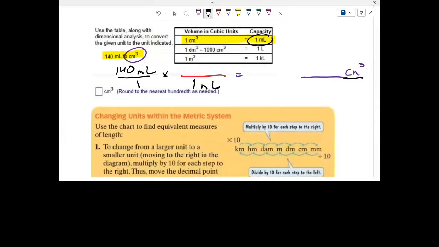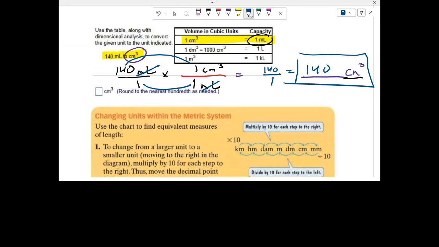Because we want to end up with cubic centimeters, that's what we're going to put on the top, okay? And now, milliliters and milliliters are going to cancel out. 140 times 1, still 140. 1 times 1 is still 1, and if you divide that out, you still get 140, right?